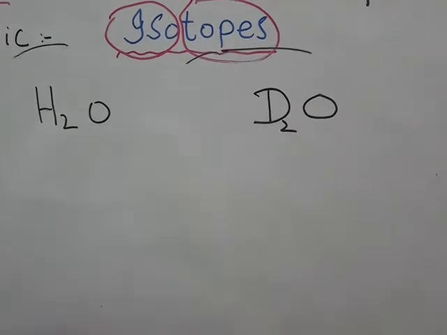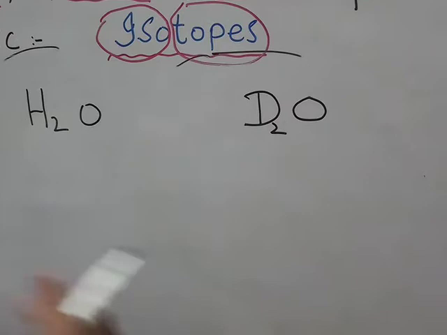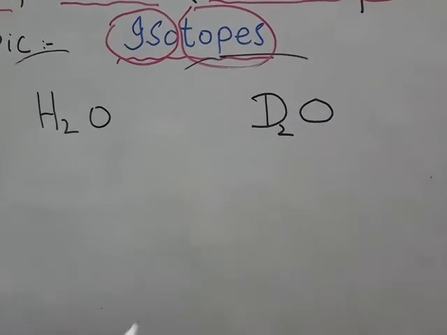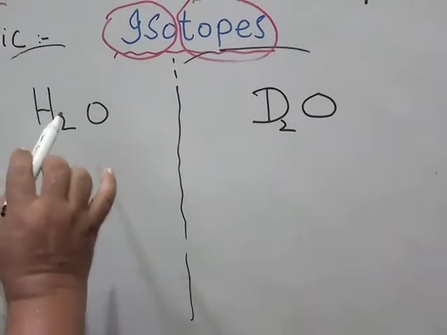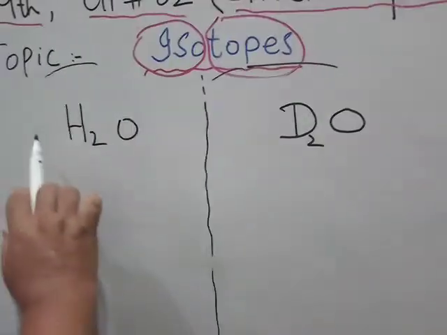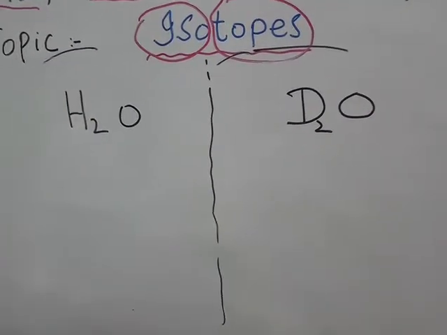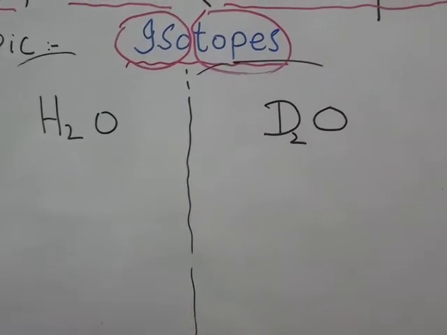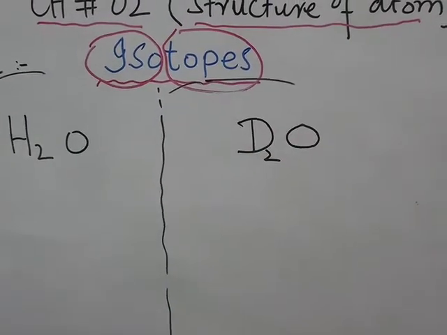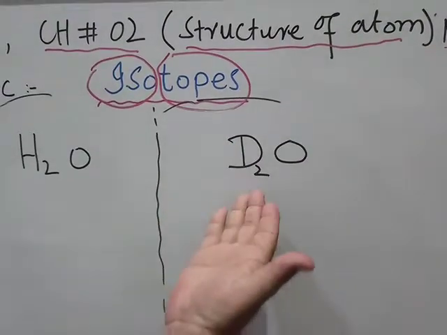So normally there is a question in the paper: differentiate between ordinary water and heavy water. So look at this now. Ordinary water is the water which contains protium as the primary isotope. Heavy water is the water which has deuterium instead of protium.